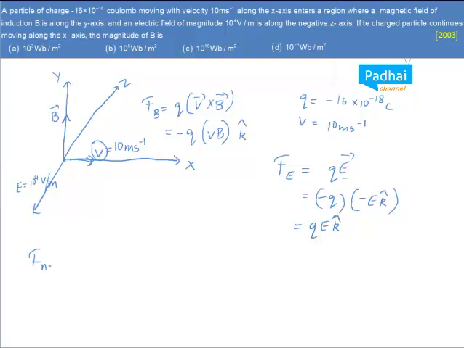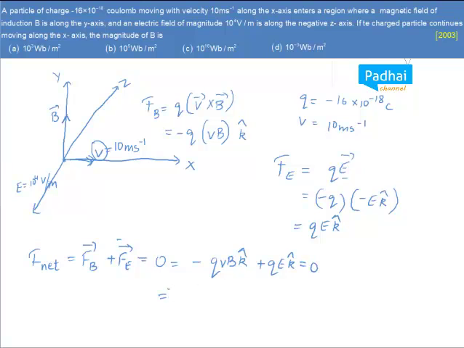Now F net will be equal to FB plus FE. These are the two forces that will be acting. That means this will be equal to 0. This should be equal to what? Minus QVB k cap plus QE k cap should be equal to 0, right?